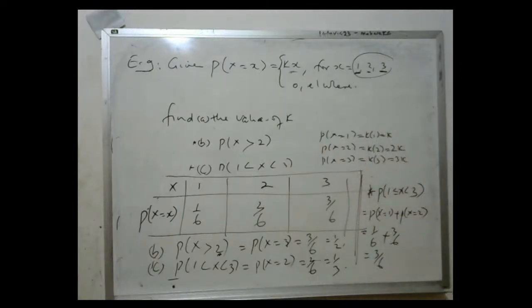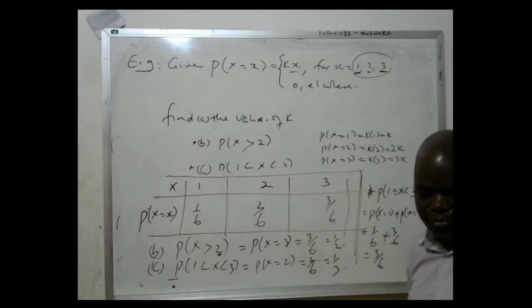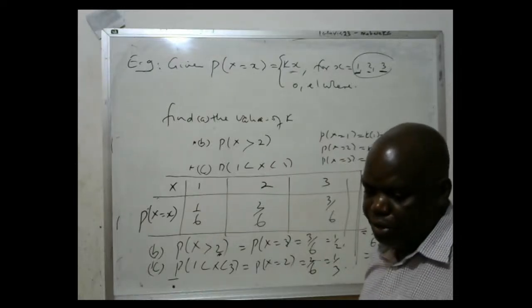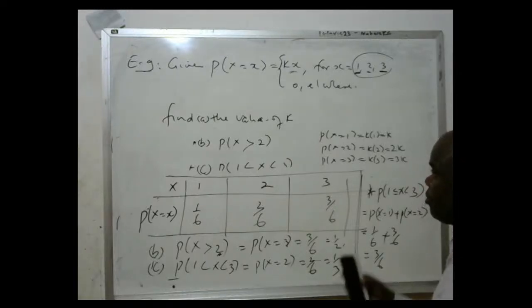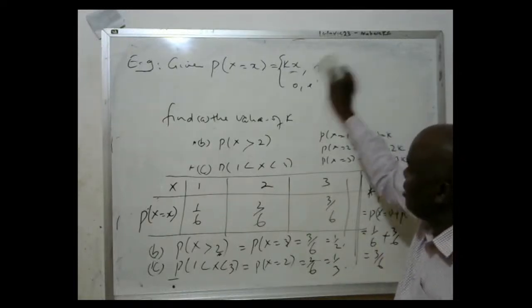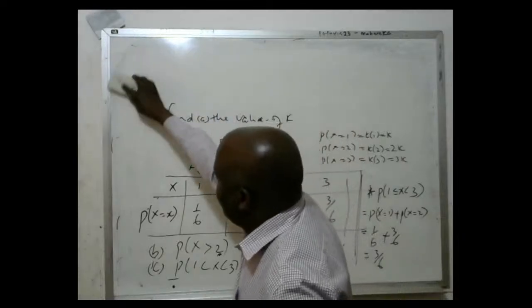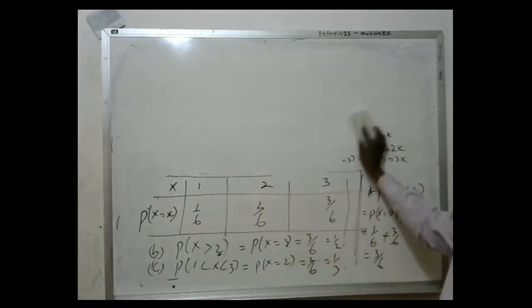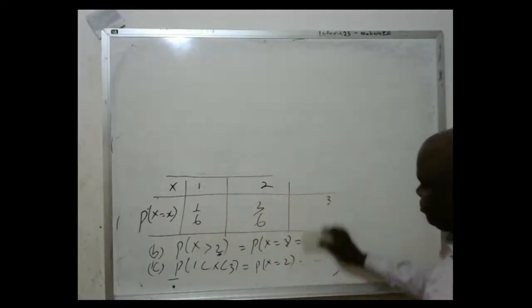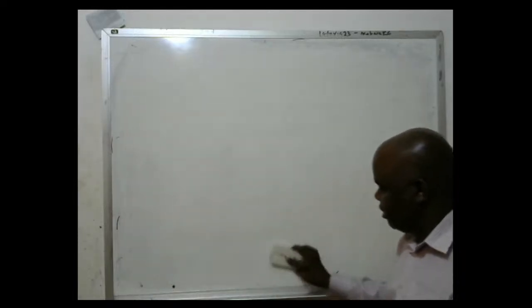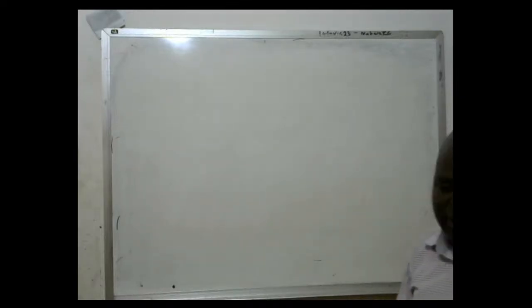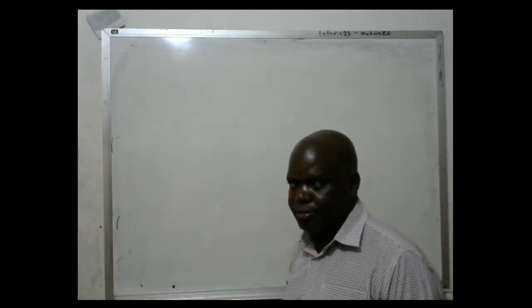So what have we done in this lesson? Before you do the exercise, it's important for you to understand what we have done and keep it in your mind. One, as a summary, we have done probability distributions.